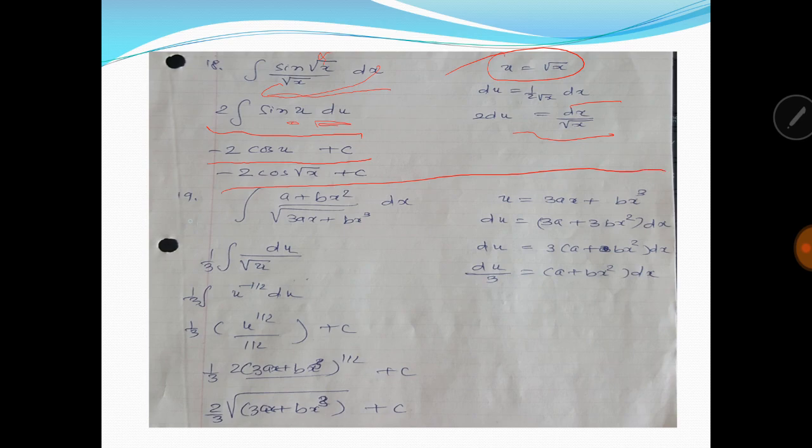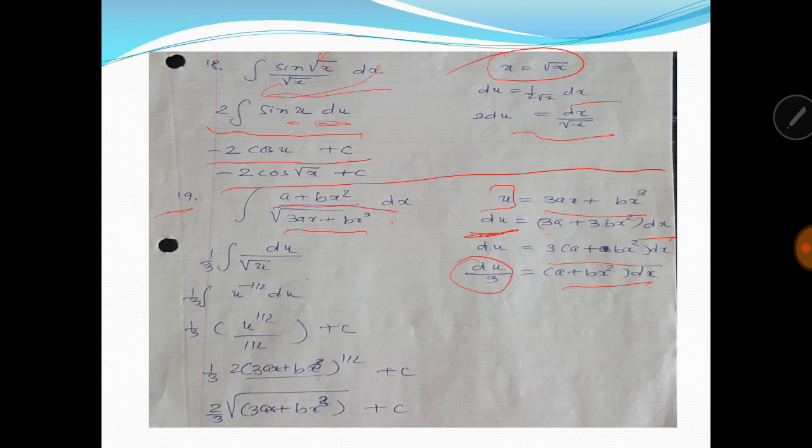Now let's take another example, number 19, where you have a plus bx square upon square root 3ax plus bx cube dx. So you take this is equal to u, so you substitute this by u. Now take the derivative on both sides, that gives you du is equal to 3a plus 3bx square dx. Now take 3 common here, so you have a plus bx square dx, and bring 3 this side. So du divided by 3 is equal to a plus bx square dx.